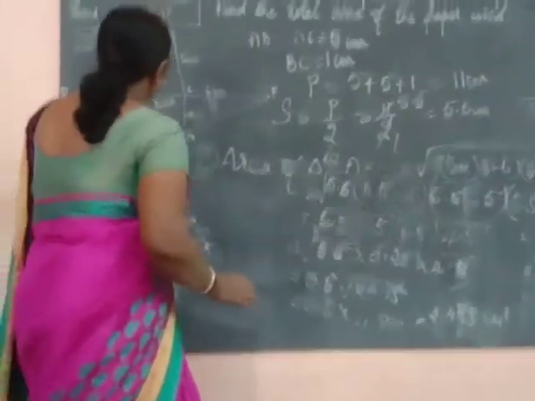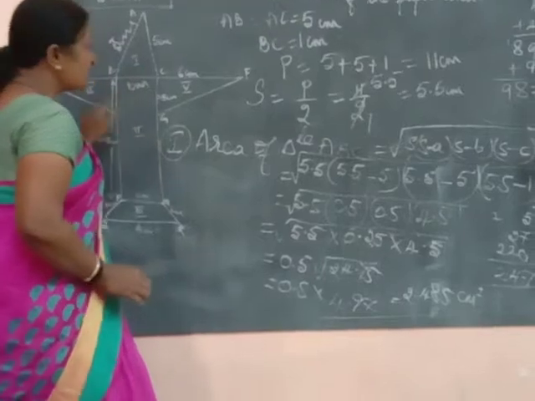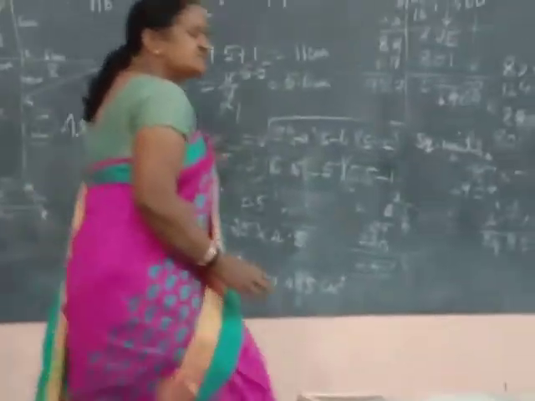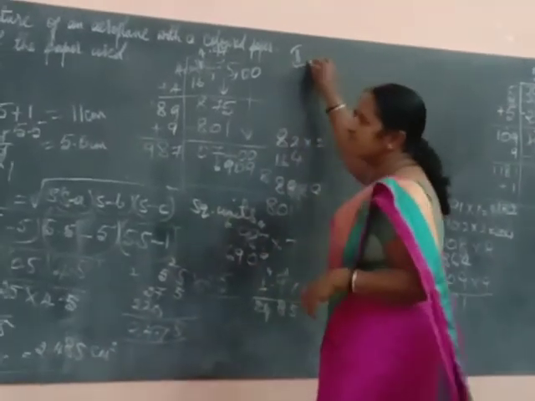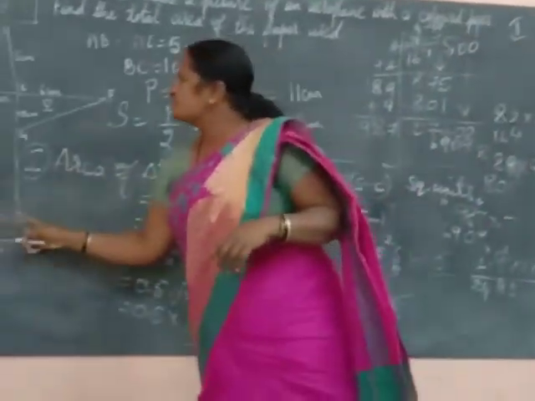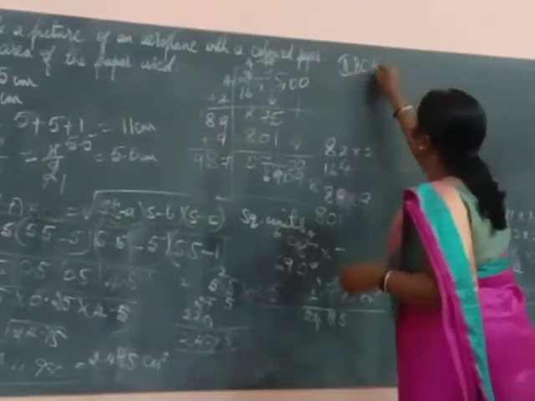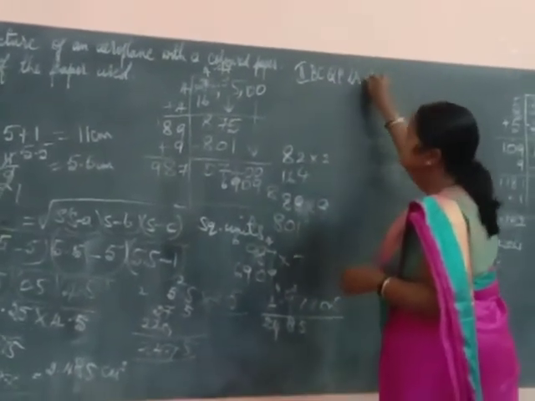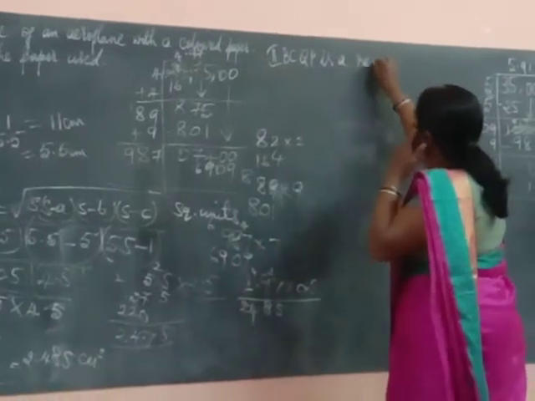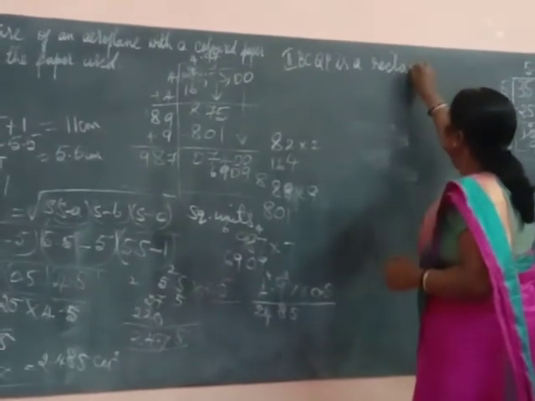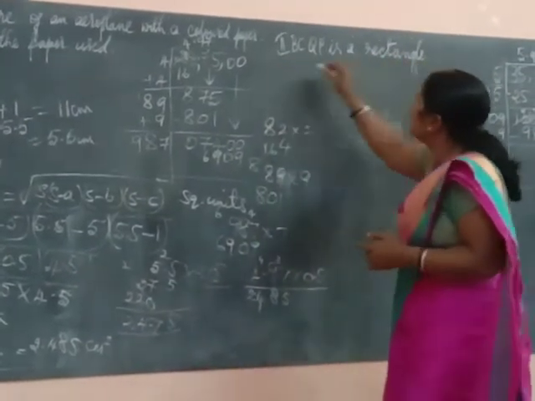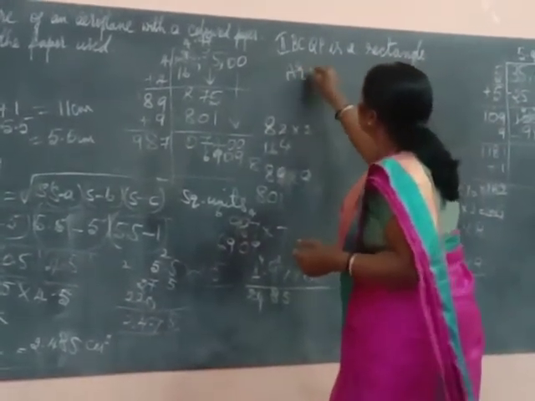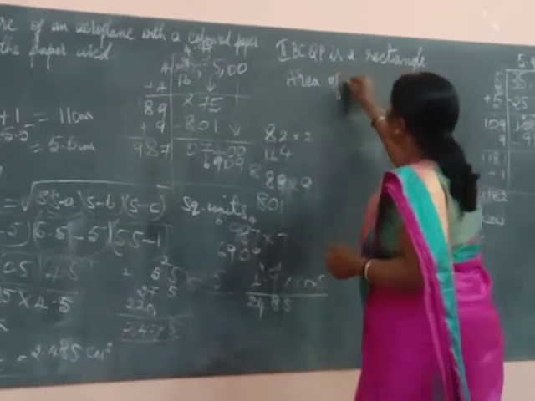Now the second part. What is the shape of the second part? Rectangle. Okay. BCQP is a rectangle. What is the formula for the area of a rectangle?